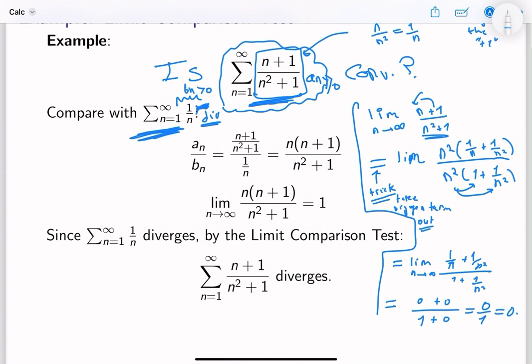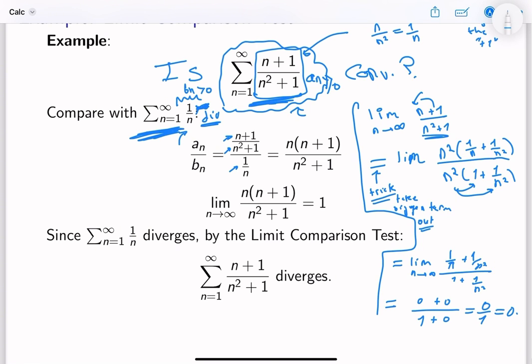If you take the ratio of An and Bn, plugging things in, you have n plus 1 over n squared plus 1, over 1 over n, over the Bn.